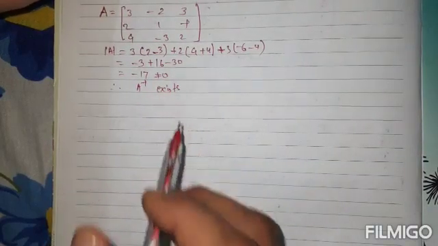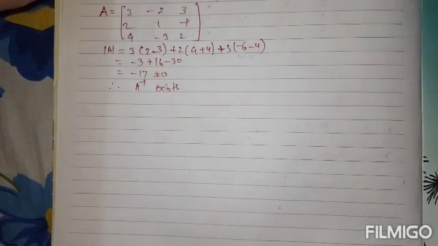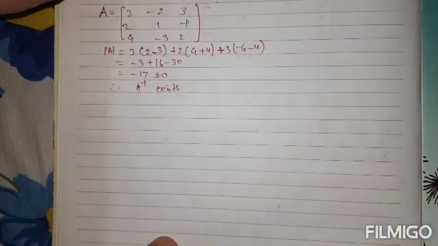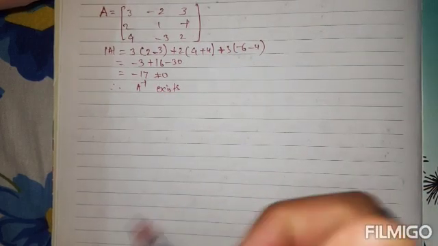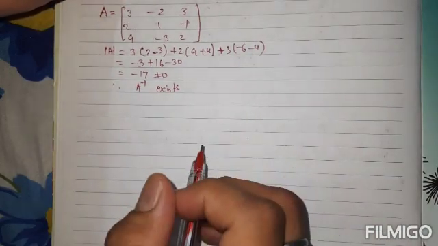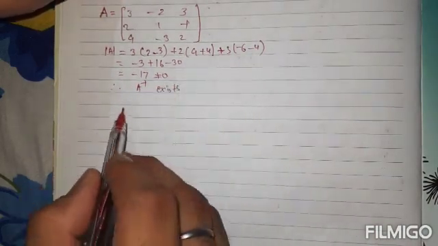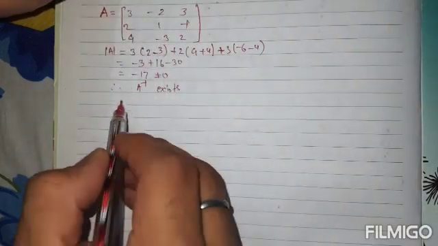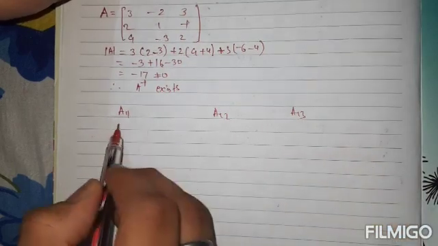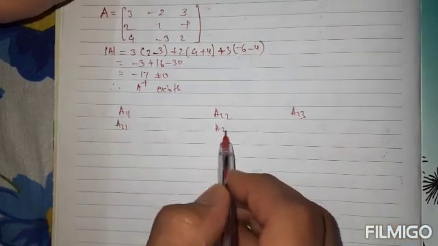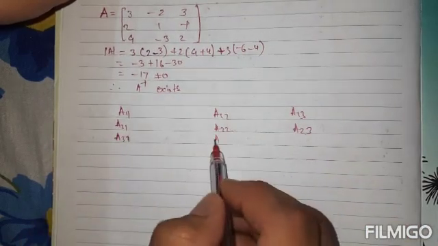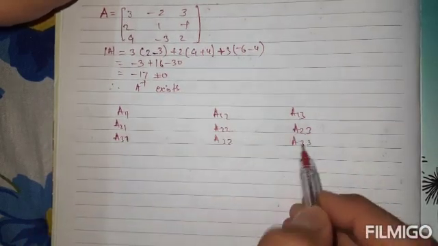And now you know that the formula for the inverse is 1 upon mod A into adjoint of A. So we will first find A inverse, and for that we will find the adjoint of A. And for the adjoint of A, we will first find the cofactors of all elements, that is A11, A12, A13, A21, A22, A23, A31, A32, A33.